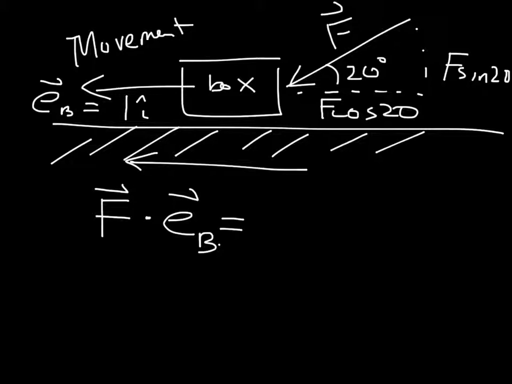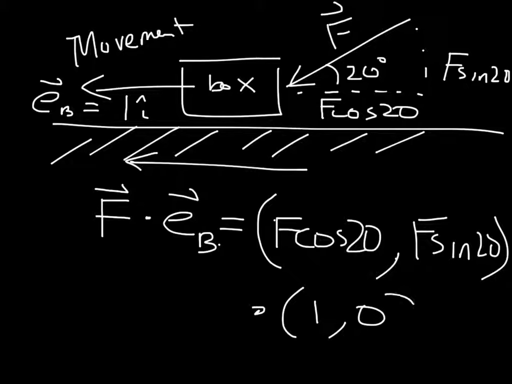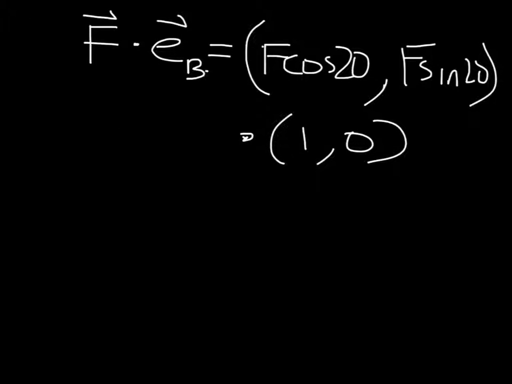If you do that out, you find that F cosine 20, F sine of 20 dot 1, 0 is equal to F cosine of 20 times 1 plus F sine of 20 times 0, which is just F cosine of 20.